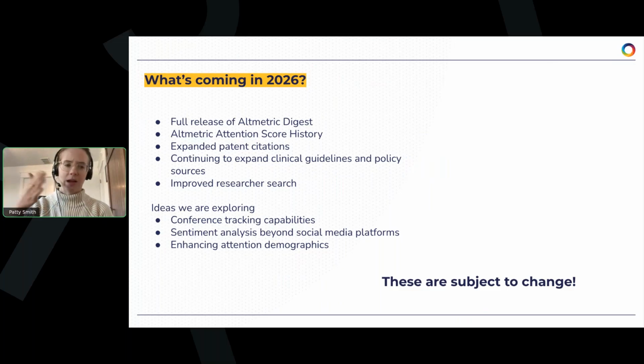But as I just mentioned, we'll have the full release of the Altmetric Digest in the coming weeks or month or two. The next really new thing that we haven't talked about yet is the Altmetric Attention Score History. Another popular request over the years is people want to see how an individual publication's Altmetric score has actually changed. Right now, it's just cumulative.